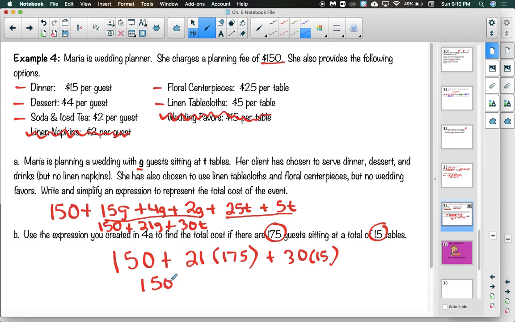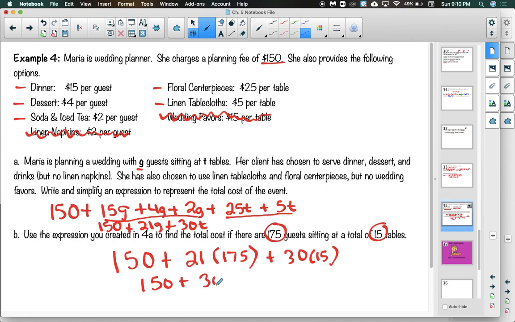150 plus 21 times 175. I'm going to use my calculator here, make this a little bit faster for us. So 21 times 175 is 3,675.